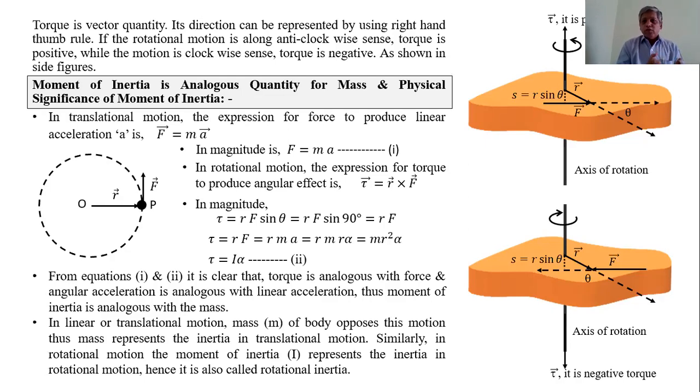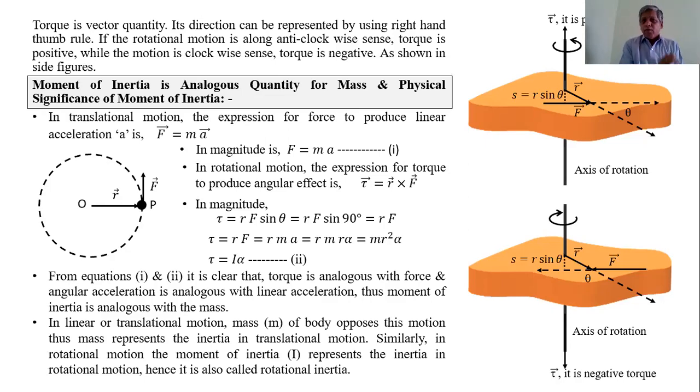If we give some force to change its state, that means both are in motion. For that purpose, we must apply some force to the vehicles. We observed that a large amount of force will be required for the motion of a truck or roller as compared to the car.